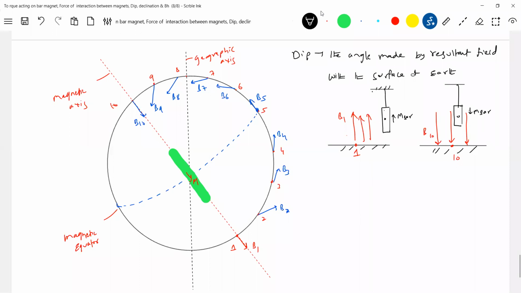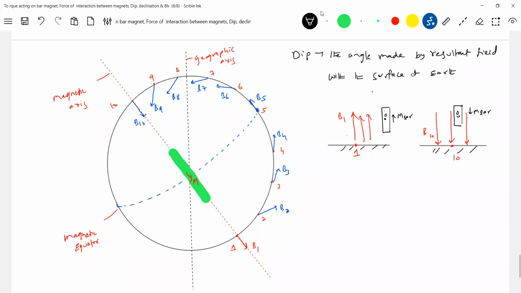Because there is a property of bar magnet, no? It is a freely suspended bar magnet. Please try to understand. It is a freely suspended bar magnet. How you suspend it, you'll get confused. So let me bring a bar magnet which is suspended about axis O. Okay, agreed. I'll remove this string.